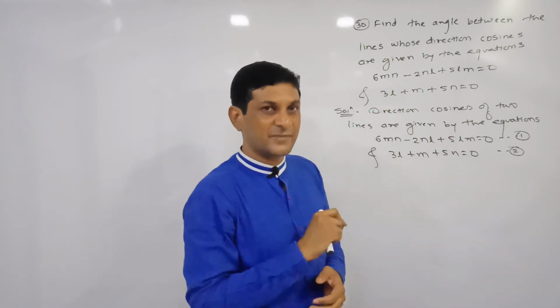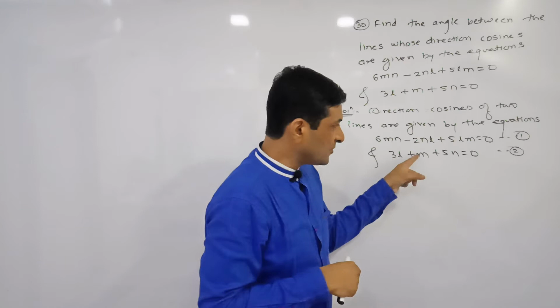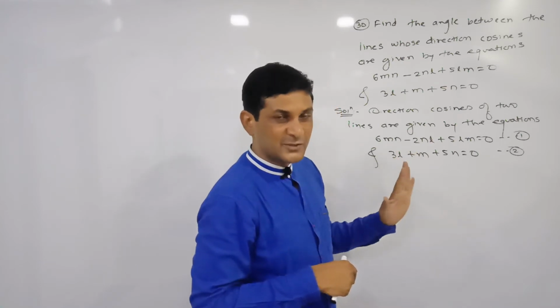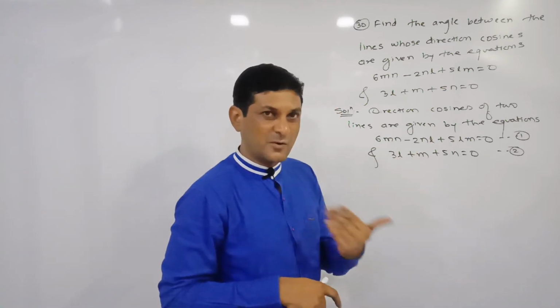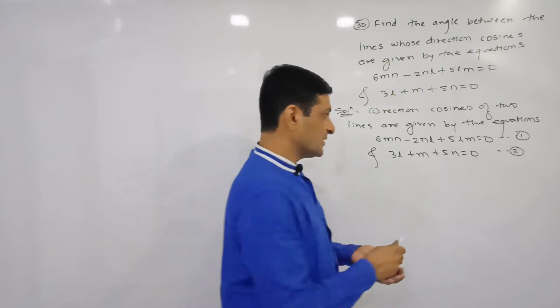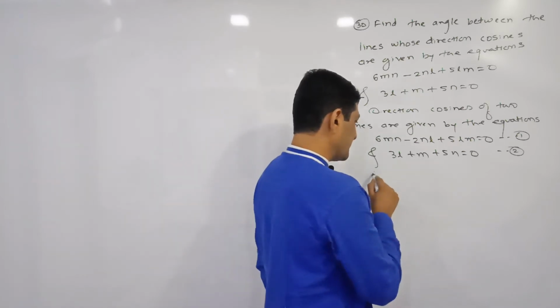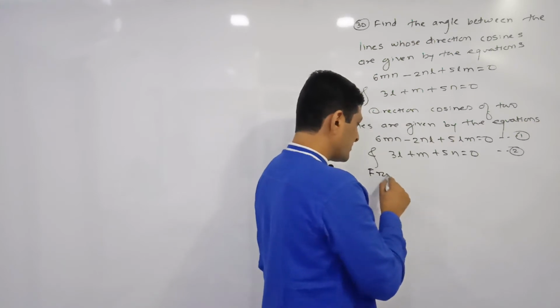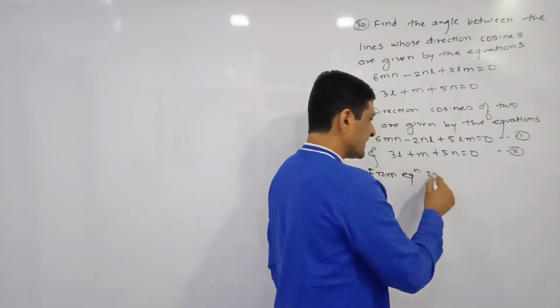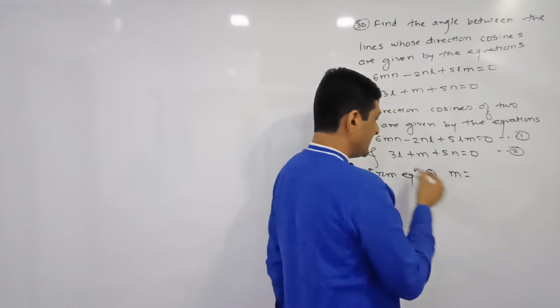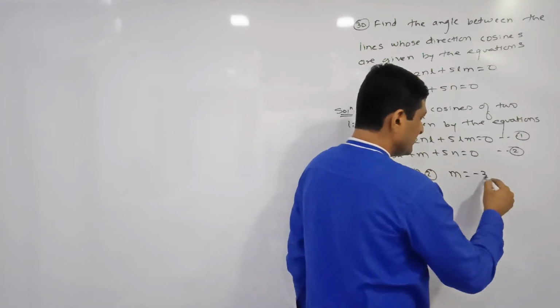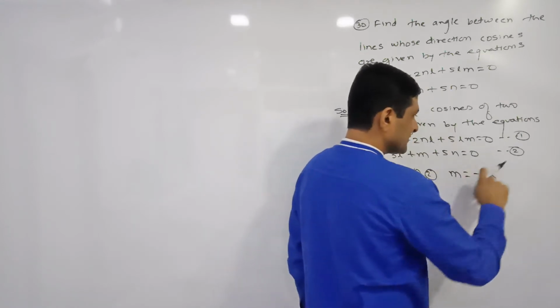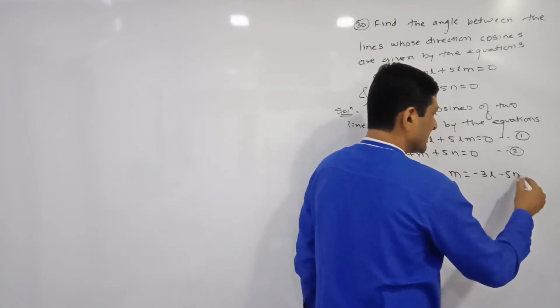But to avoid fractions, if you observe, the coefficient of M is 1. So we are giving priority to finding the value of M, for simplicity. From the second equation, M is equal to minus 3L minus 5N, since plus 3L on this side becomes minus 3L, and plus 5N becomes minus 5N.